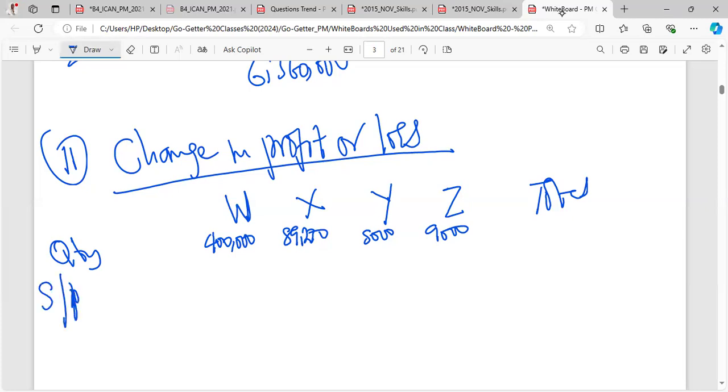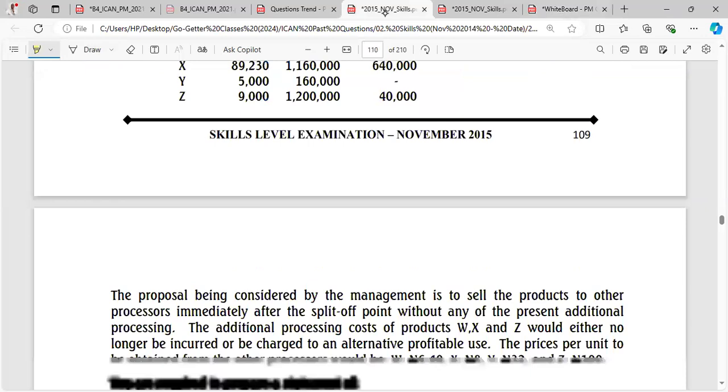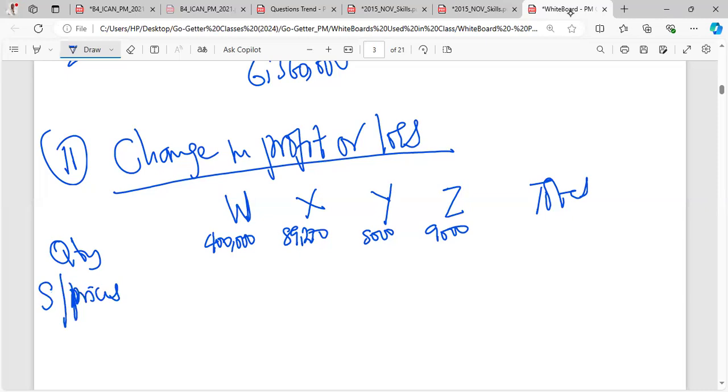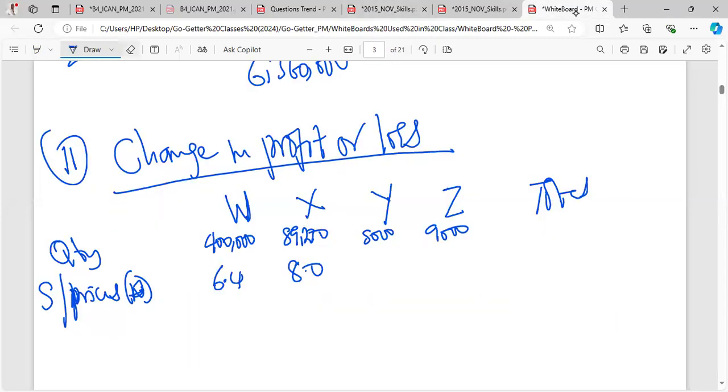We are given these prices: 6.4, 8, 32, and 100. So this is in Naira. Let me remove the 0.0 so that somebody will not think it's 80. This is 32, and this is 100. This is 6.4.